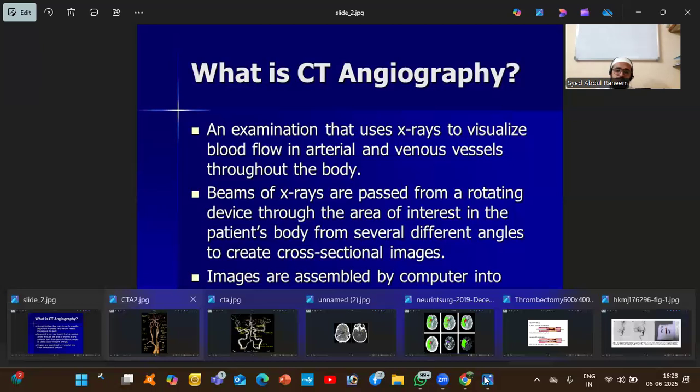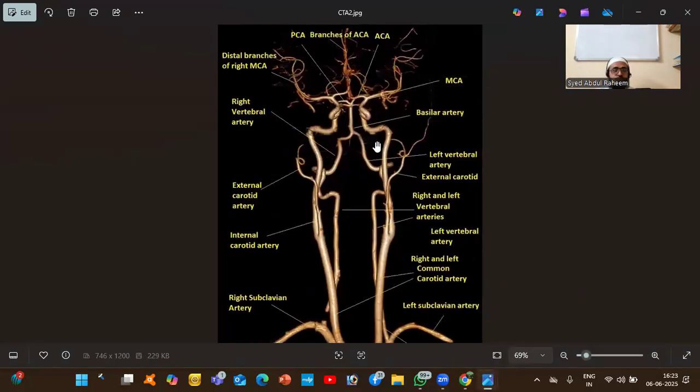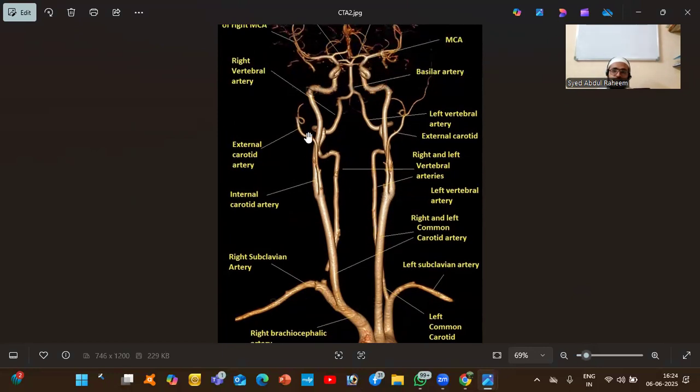So we have two images. You can see this is the color image. We are able to see all the arteries, mostly arteries of the brain. So this is the aorta, and the carotid arteries are going up: the internal carotid artery and the external carotid artery.